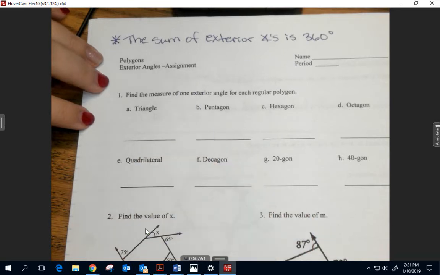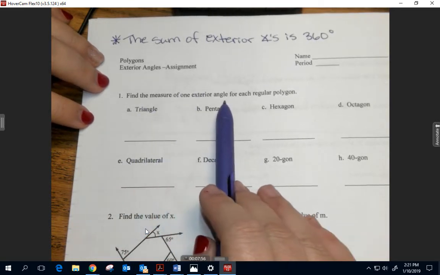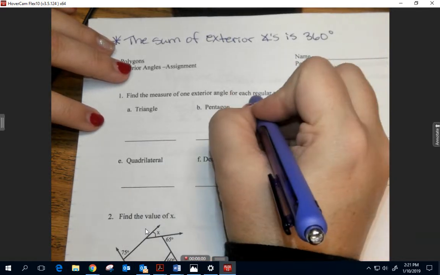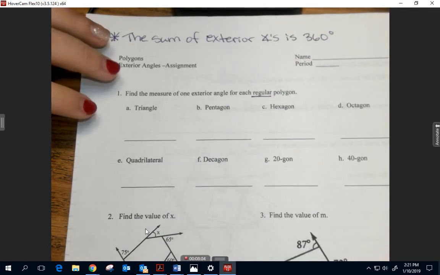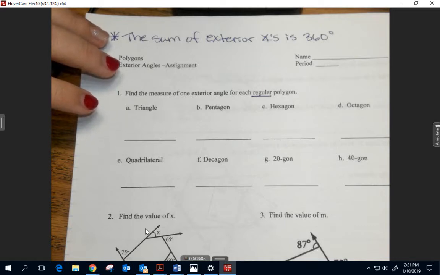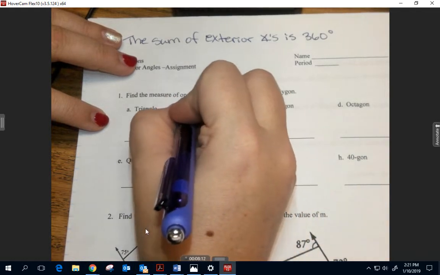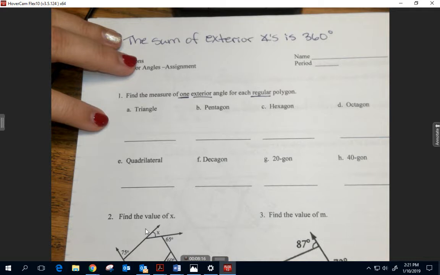So if we look at this worksheet, it says find the measure of one exterior angle for each regular polygon. So it's regular. That's one of our words. Regular means that all sides are the same and all angles are the same, okay? And we're looking just for one exterior angle, okay?